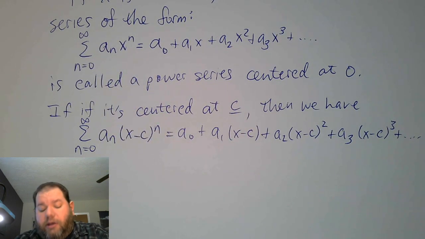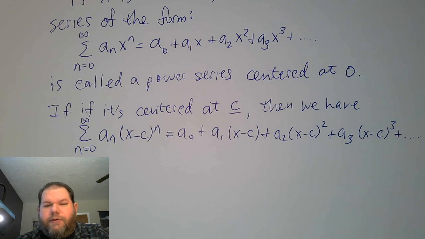So, and then we have this coefficient expression a sub n. Now, the Taylor polynomials we looked at are sort of a power series. They're not technically infinite, so it isn't an infinite series.